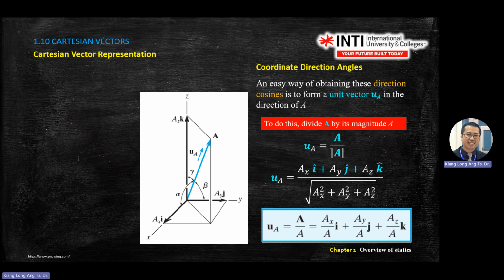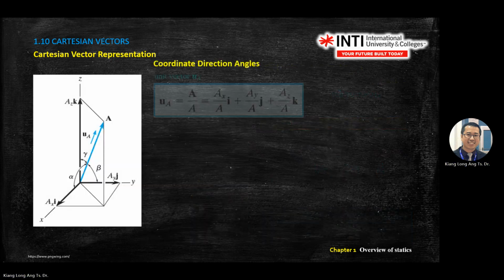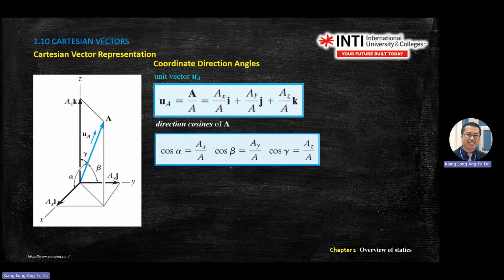Okay, so AX, AY, AZ, and so on. And direction. So these two are important equations when it comes to three-dimensional problems that force you to use Cartesian vector notation analysis.